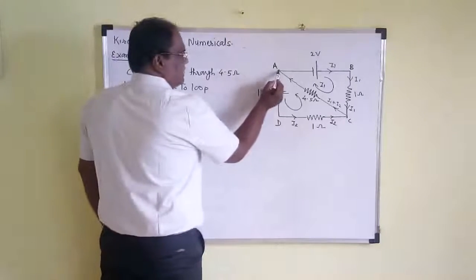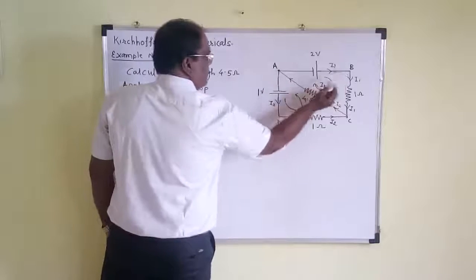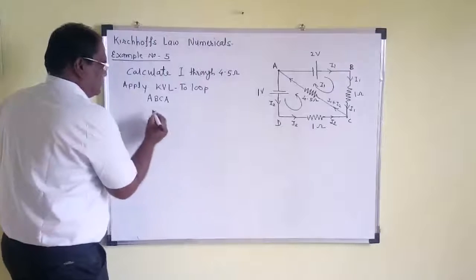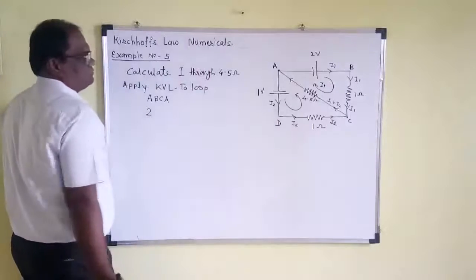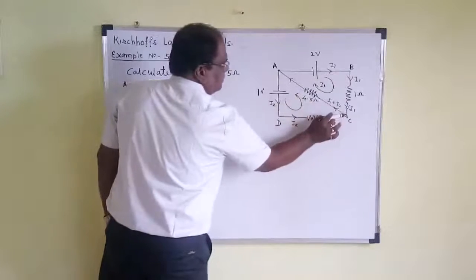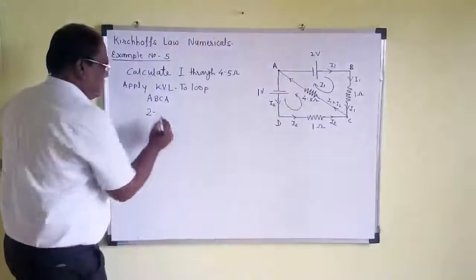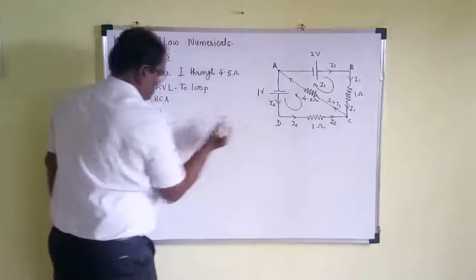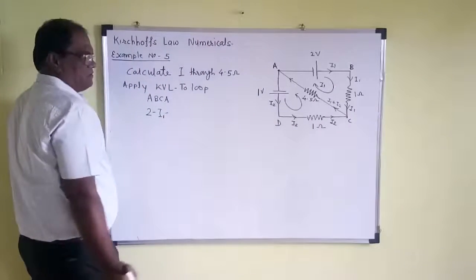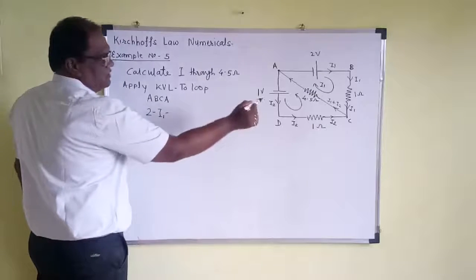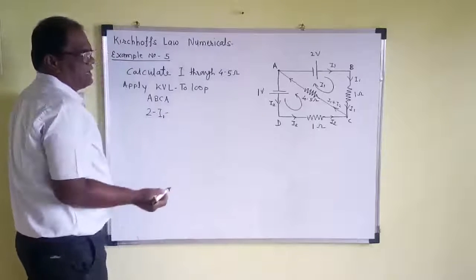Starting point is A. From A to B, we are moving from negative to positive terminal. Thus, plus 2 minus 1 I1, minus. Why minus? You clearly understood, because in this loop we are taking the direction of current.